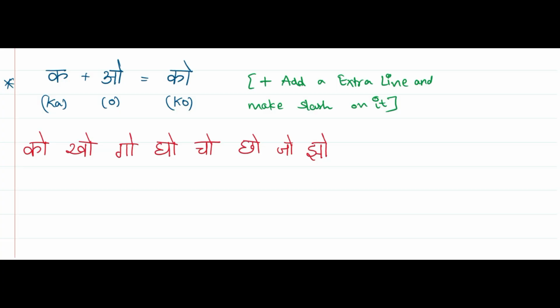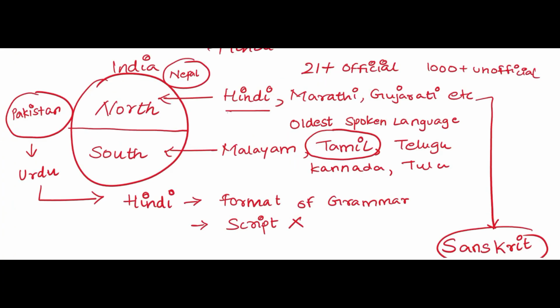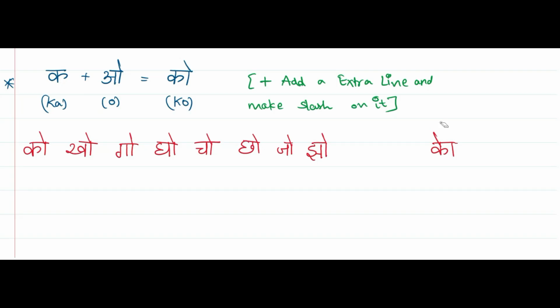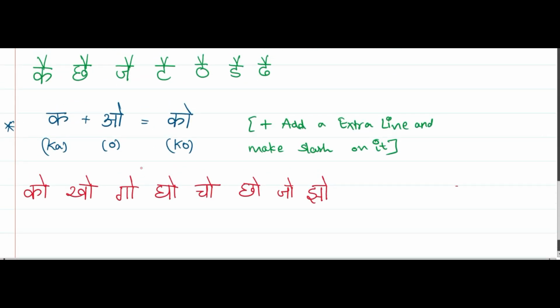So you can't put it like this. It will become k with an extra line. Okay? So this is ko. Perfect.